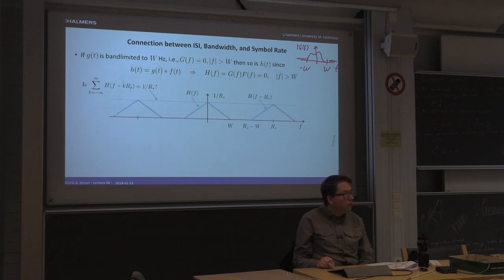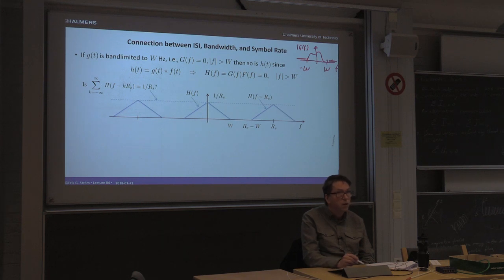So let's put in H here. I don't know what H looks like, but maybe it's something like this. For sure, it's band limited to W hertz. When putting in k equal to 0, this is the term that we get. When we put in k equals 1, we get this term. When we put in k negative 1, we get this term.